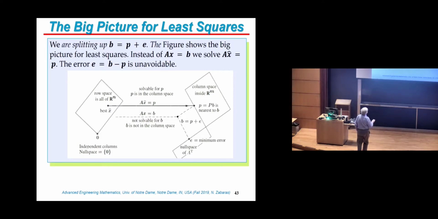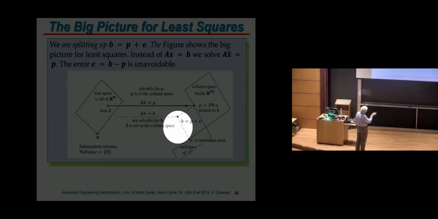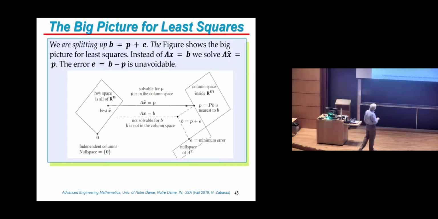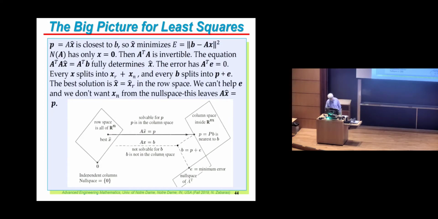All right, and so pay attention again to the picture that we have written. Any vector b, the right-hand side, is a point P in the column space and a point in the null space. So the error is always in the left null space of A. There is nothing new here.